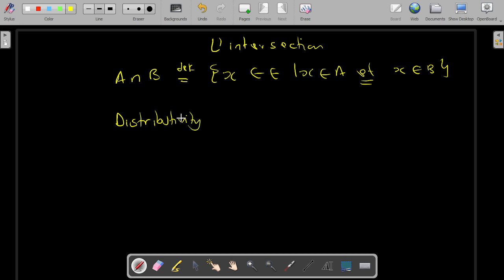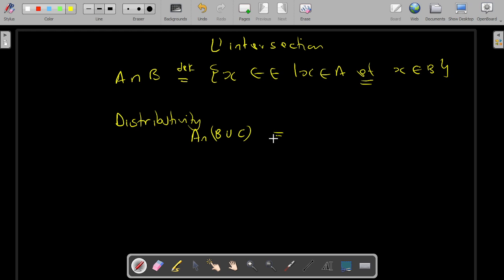So whenever you talk about associativity and commutativity, try to find out if you also have the distributivity property there. So A intersection (B union C).